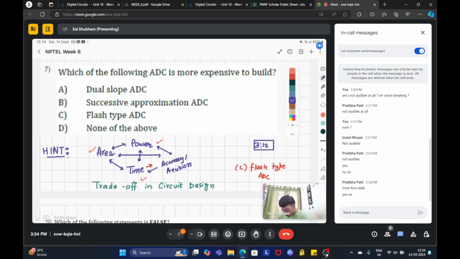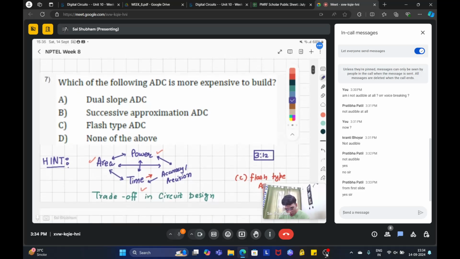Building on the first question, the flash type ADC is the fastest. This question says which one is the most expensive to build. So logically, if flash type ADC is fastest, then it should take more area and more power.